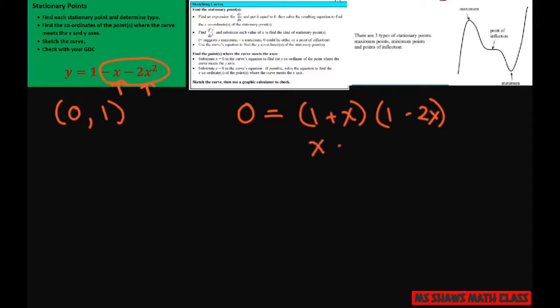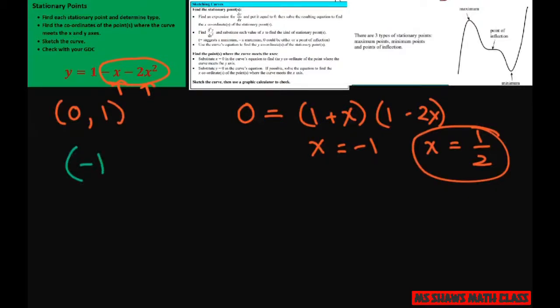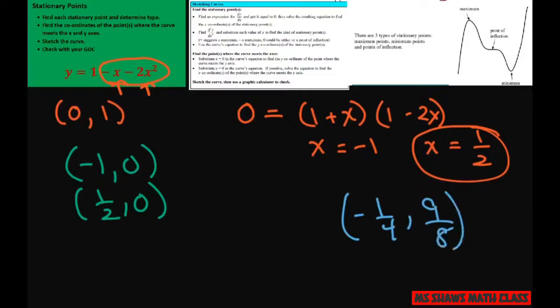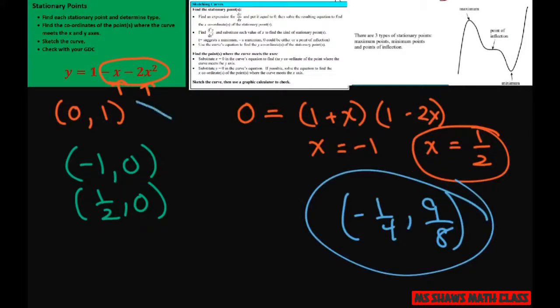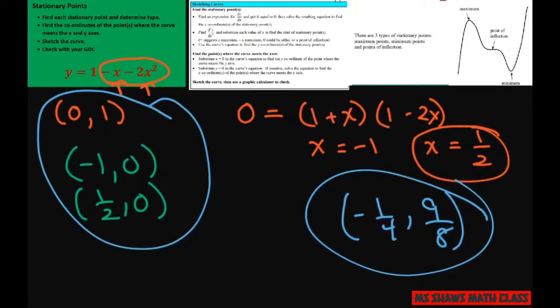So we get x equals negative 1, and x equals 1/2 for this one. So we're also going to graph negative 1, 0 and 1/2, 0. And our maximum point was negative 1/4, 9/8. So we're going to graph all of these to sketch our curve.